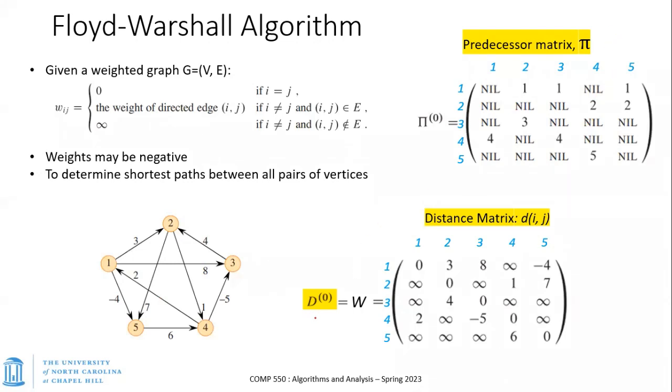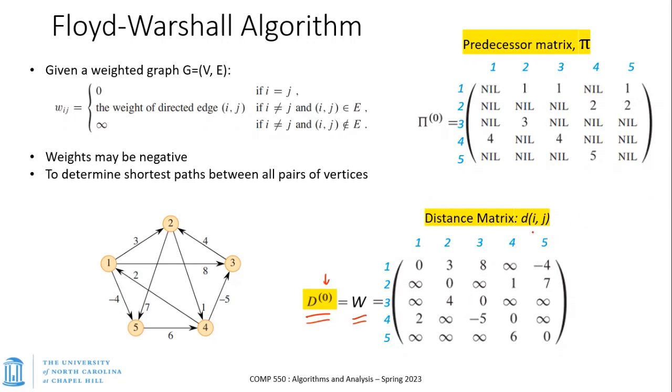So first of all, we're going to define a distance matrix. The distance matrix will have the same size, and it will be initialized to be the weight matrix. The superscript over here, 0, I'll explain in a few minutes. So we'll define the initial distance matrix simply to be equal to the weight matrix.